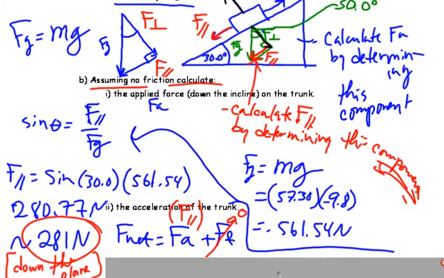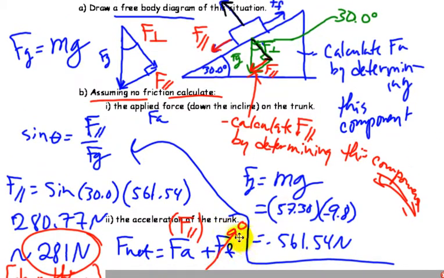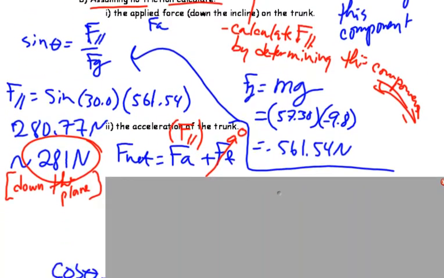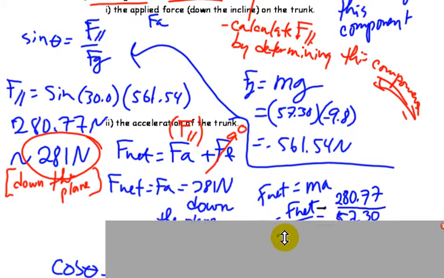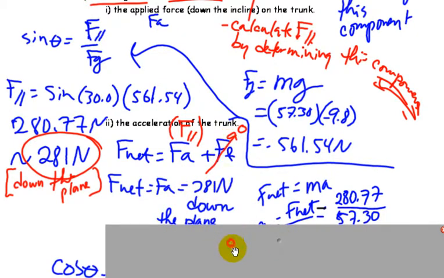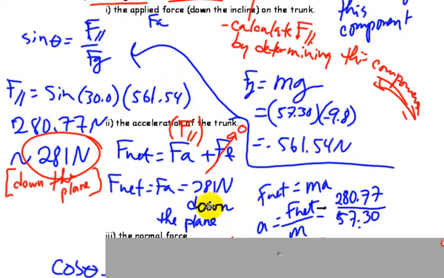Acceleration of the trunk. So since there is no friction, my applied force is equivalent to F parallel here, as you can see. So F net is just simply equal to 281. So F net equals Fa, because force of friction is 0, so it's 281 newtons down the plane.